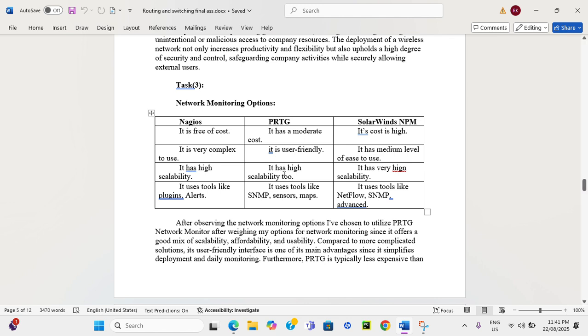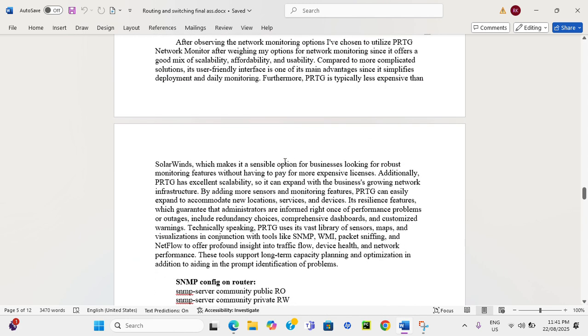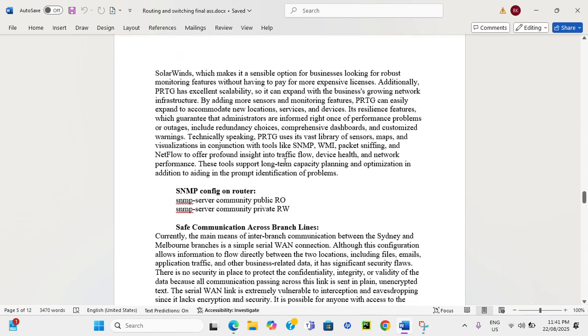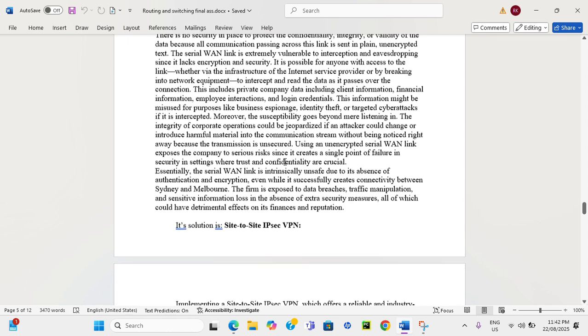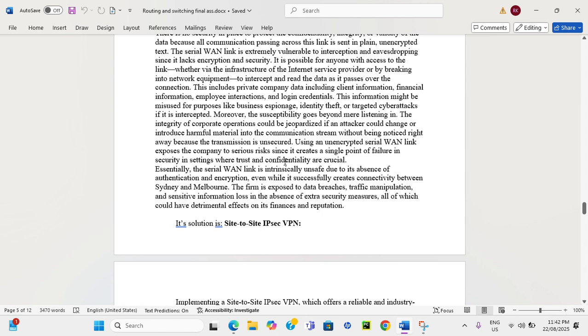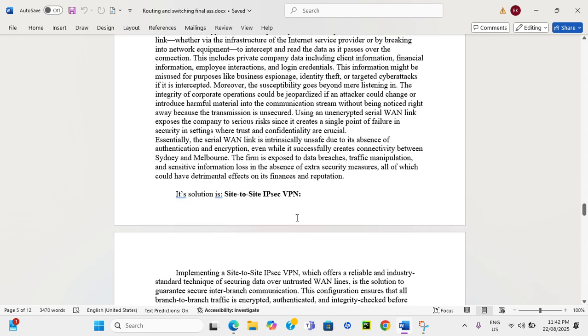In previous work, the WAN link between Sydney and Melbourne was not encrypted. This presented a serious security risk. To address this, I created a site-to-site IPsec VPN tunnel.